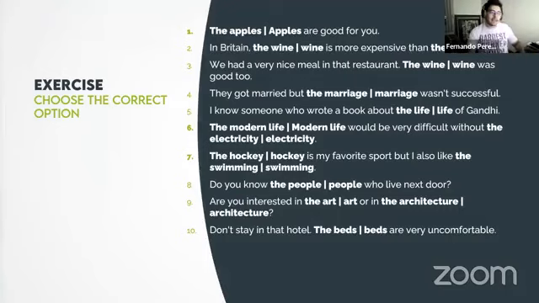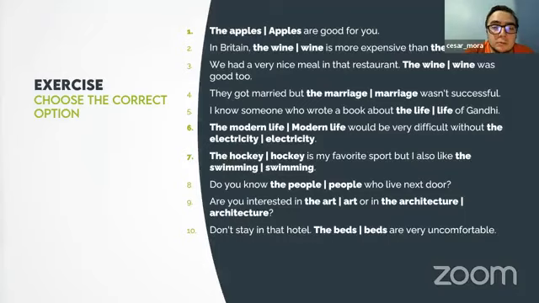Also, one is "the wine" and the other is only "beer." Yes. Why? Because this sentence speaks about a specific wine, and beer is in general beer.